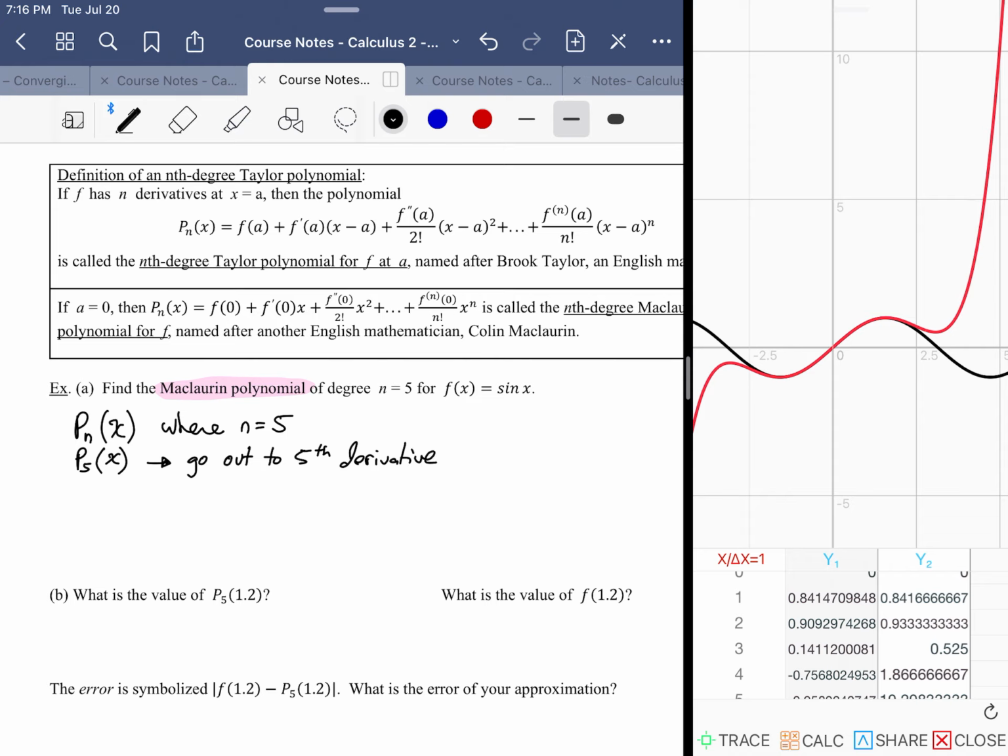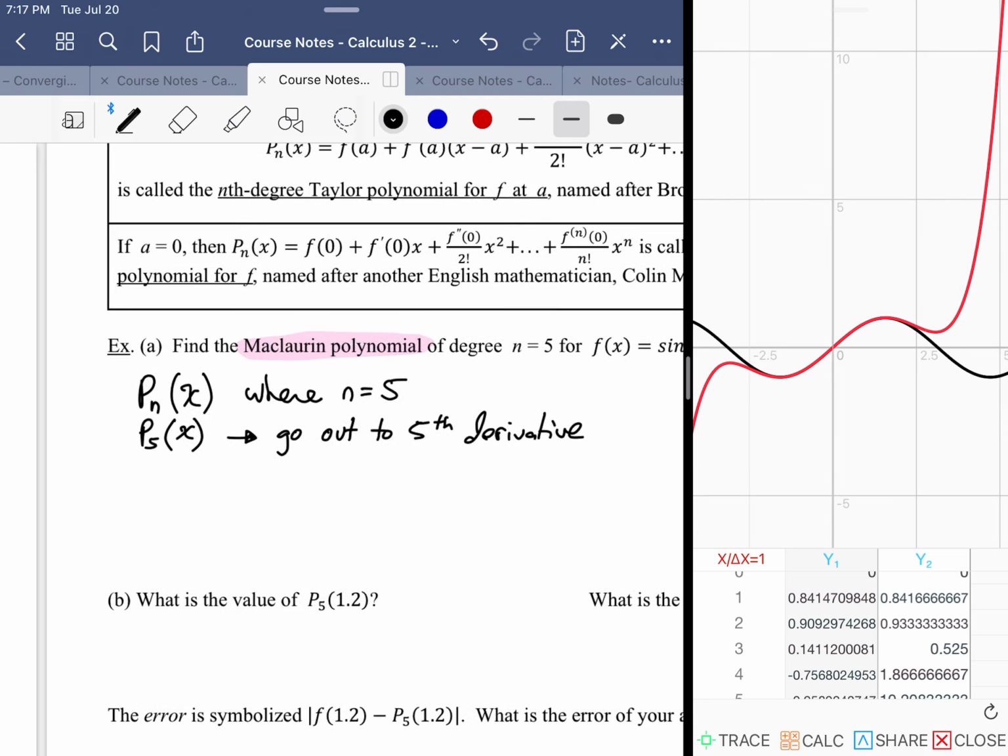All right. Fortunately, the trig functions, sine, cosine, and any constant multiples of those, they oscillate back and forth between sine and cosine.